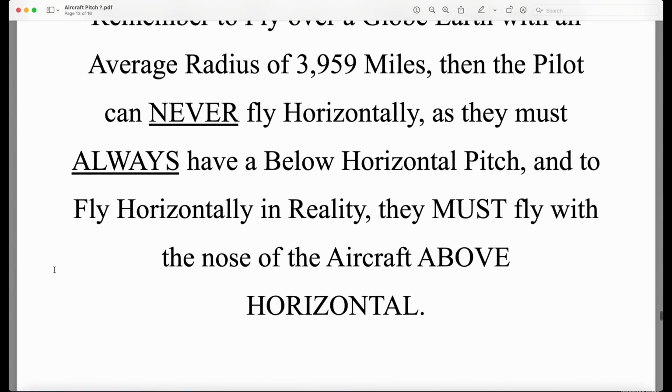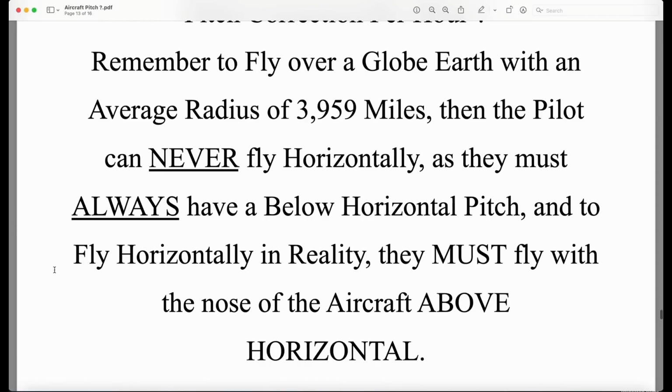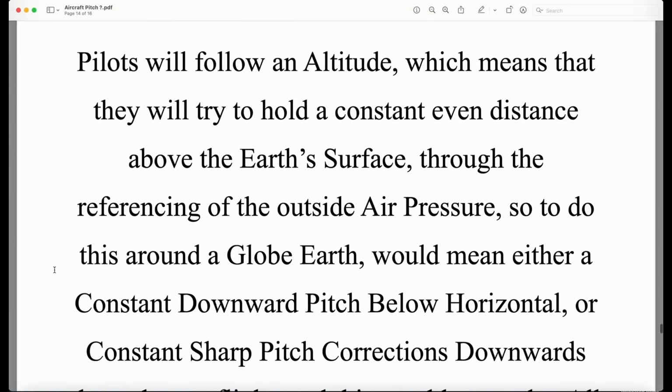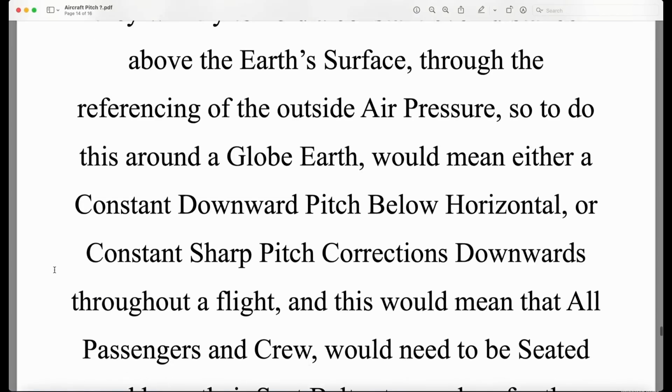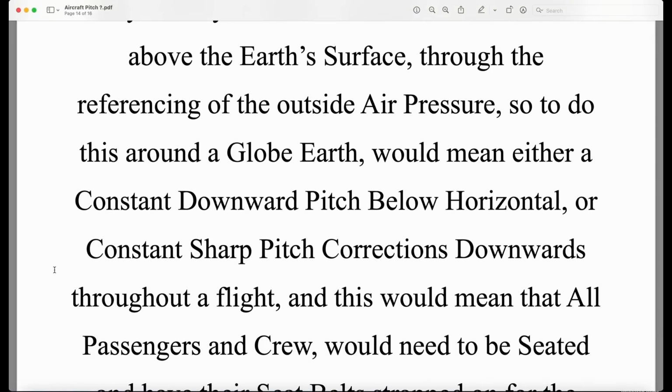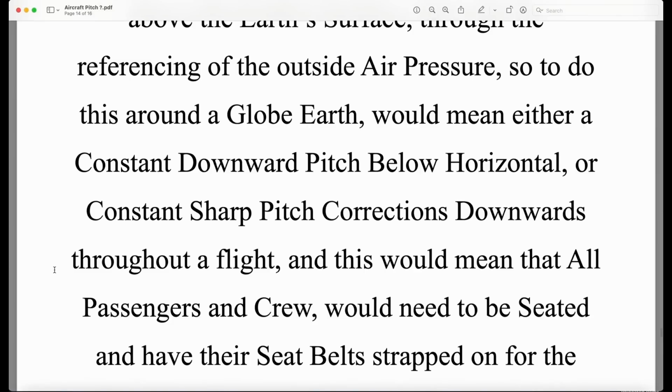Not that anyone with good faculty of mind will need to know, but there's still people out there who will still be arguing at this point. Pilots will follow an altitude, which means that they will try to hold a constant even distance above the Earth's surface through the referencing of the outside air pressure. So to do this around a globe earth would mean either a constant downward pitch below horizontal or constant sharp pitch corrections downwards throughout a flight.